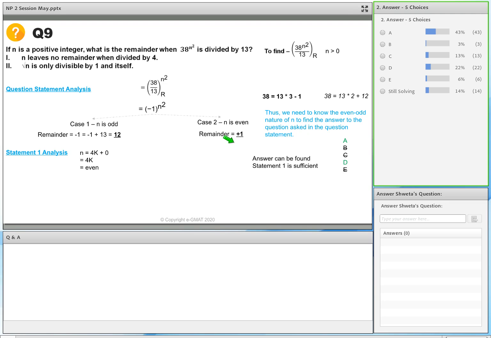Now here the first statement tells me that n leaves no remainder when divided by 4. Well, if it is divisible by 4, then it has to be even, right? To be even, you just had to be divisible by 2. You didn't even need a 4. So then you got it. If it is even, then definitely the remainder is plus 1. So statement 1 is sufficient.